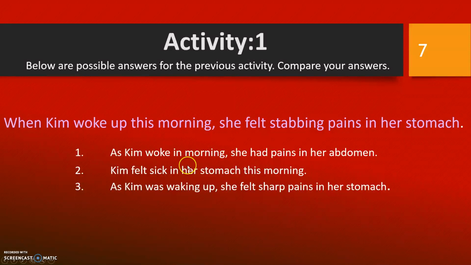So we've changed the order of the sentence. This one here, as Kim was waking up, she felt sharp pains in her stomach. So here we've changed the tense. And instead of using stabbing pains, I'm using sharp pains as well. I've kept using the stomach.